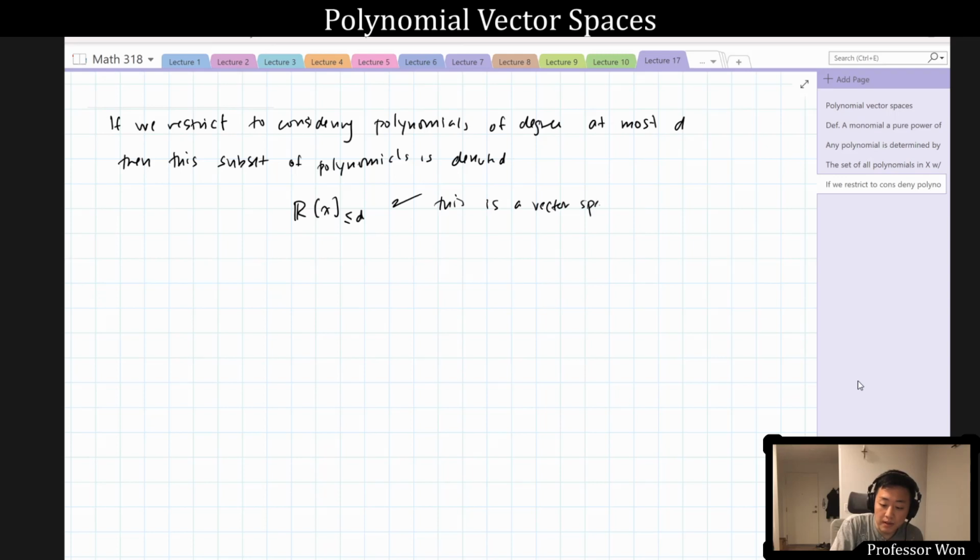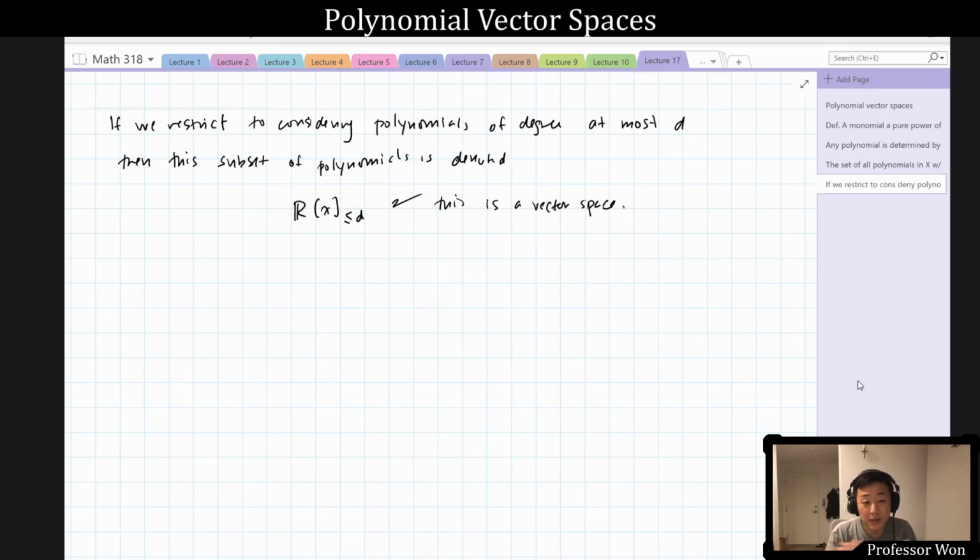Why is that? Well, the 0 polynomial, technically, by definition, you say has degree negative infinity, so it has degree less than or equal to d. If you add two polynomials of degree less than or equal to d, because you add term by term, you never pick up any higher degree stuff, right? So the result is a polynomial of degree less than or equal to d.